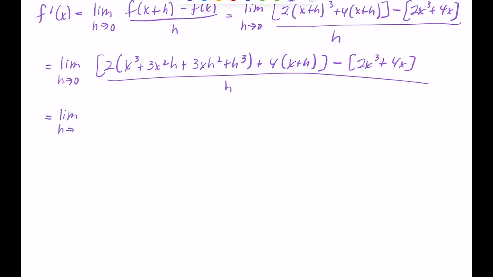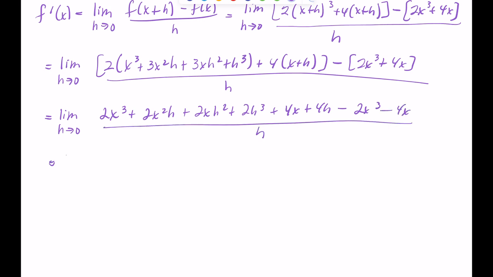So now I have the limit as h approaches 0. We're going to clean this up, right? So we're going to distribute the 2 everywhere. And then distribute the 4. And then distribute the negative.